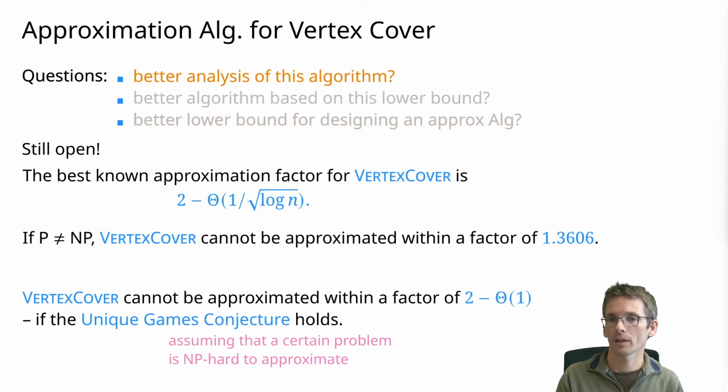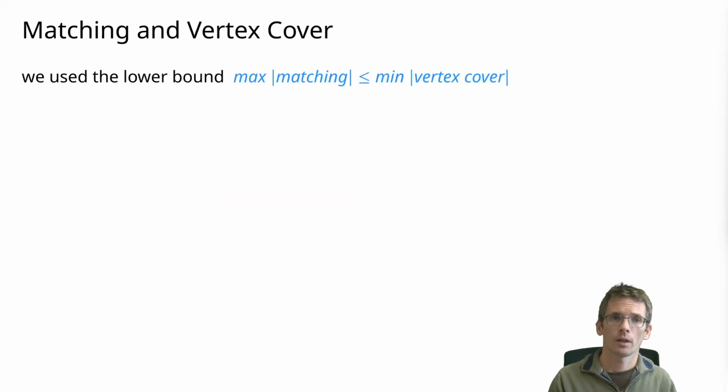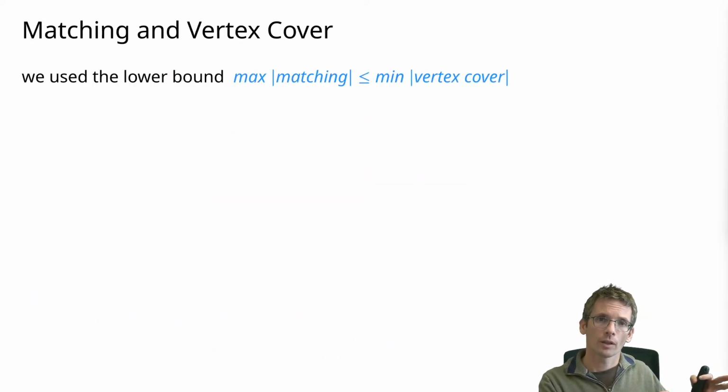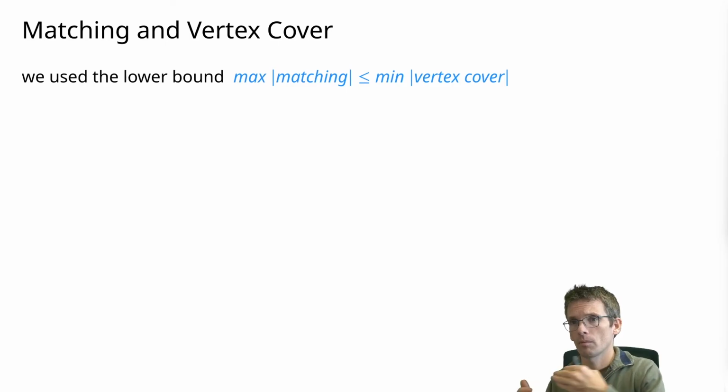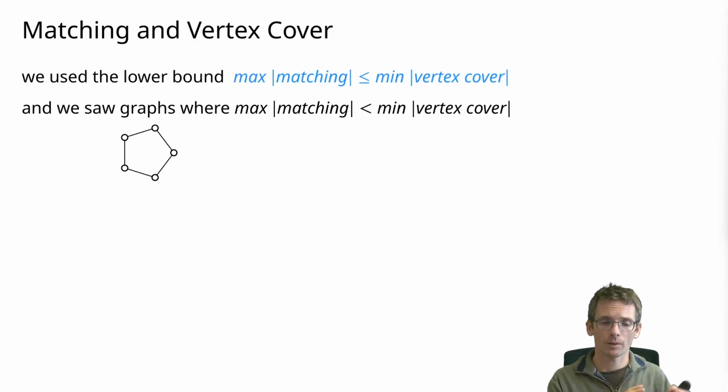Before I wrap up, let me make a short remark about matchings versus vertex covers. What we used is that the maximum matching is a lower bound for the minimum vertex cover. And we saw that we don't necessarily have equality here. The maximum matching does not need to be the same size as the minimum vertex cover.